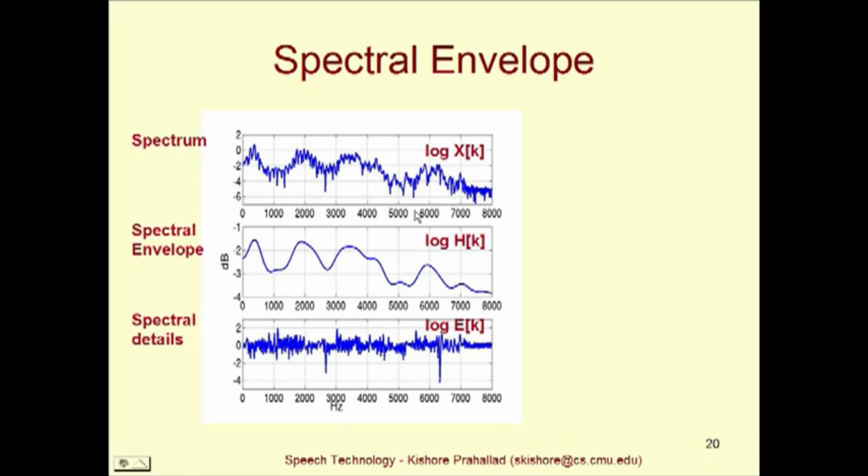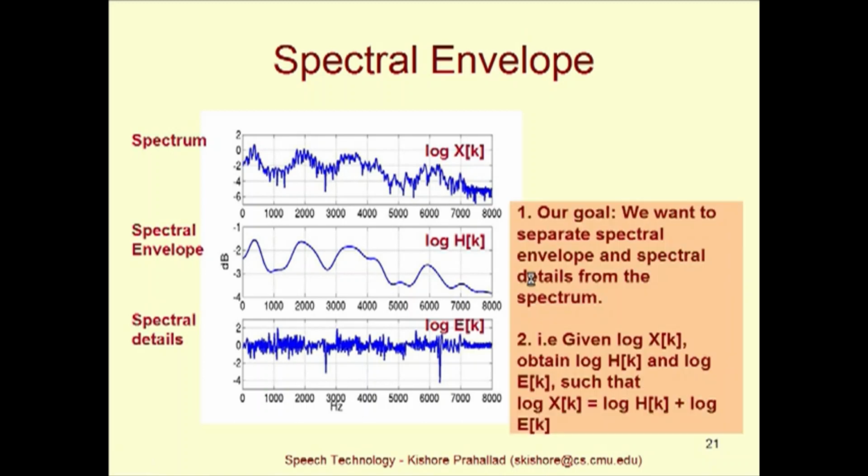So if you denote this spectrum as log X of k. Since we are in the log domain, see the dB here, that's where we got log X of k. And if you denote the spectrum as log X of k, then the spectral envelope could be denoted as log H of k, and spectral details could be denoted as log E of k. So our goal is to separate spectral envelope and spectral details from the spectrum.